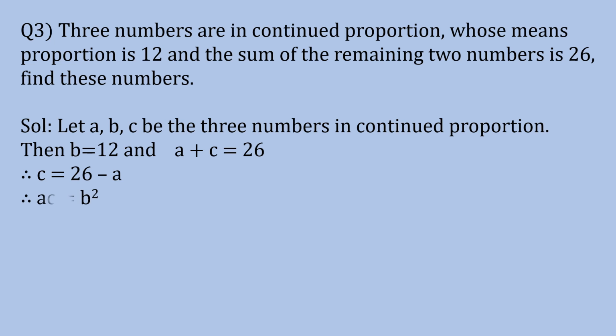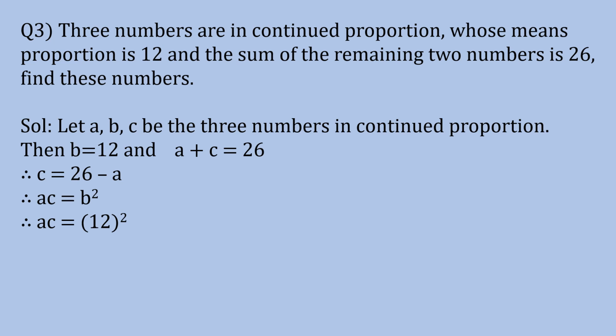Okay. Now next step, you'll write down that is therefore AC equal to B square. As we have taken A, B, C are in continued proportion, this is applicable. Now student, you know B is mean proportion. Its value is 12, so we'll substitute here the value of B. Therefore, AC equal to 12 the whole square.